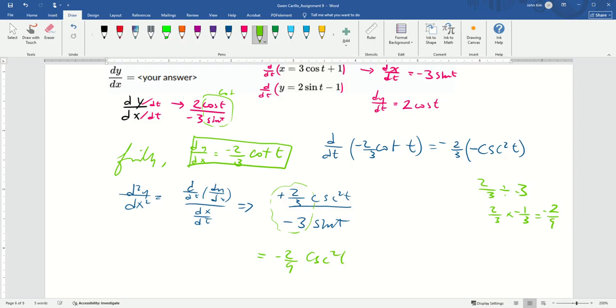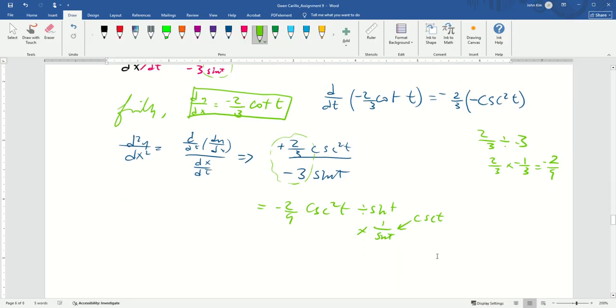Cosecant squared of t divided by sine of t is the same thing as multiplying by 1 over sine of t, which is cosecant of t, by definition the reciprocal function of sine. So that becomes negative 2/9 cosecant cubed of t.